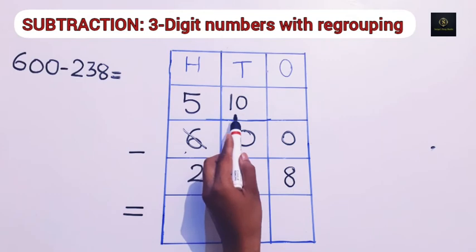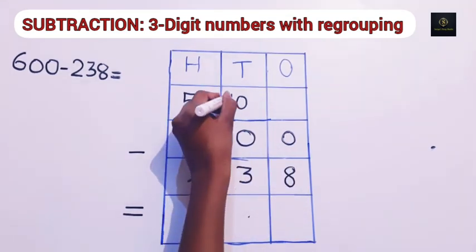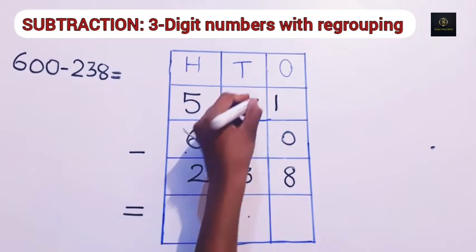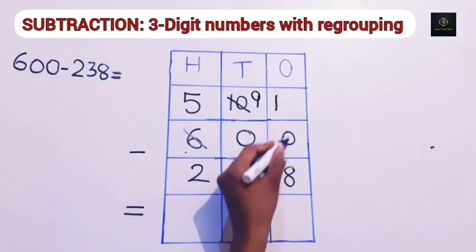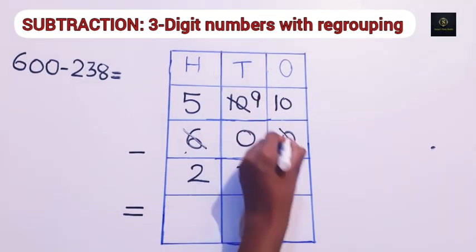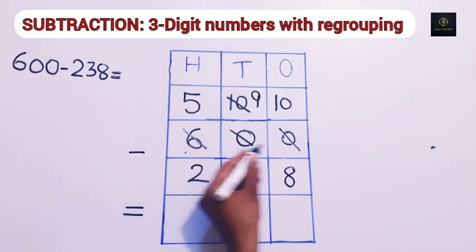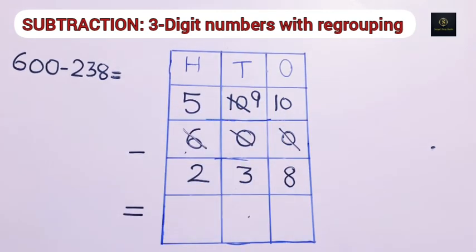Now can we give 1 to ones? Yes. Now we can give. So from this 10 we will give 1 to ones and here will remain 9 and this 0 will become now 10. Now we have crossed all this and we have to subtract now from the upper digits.